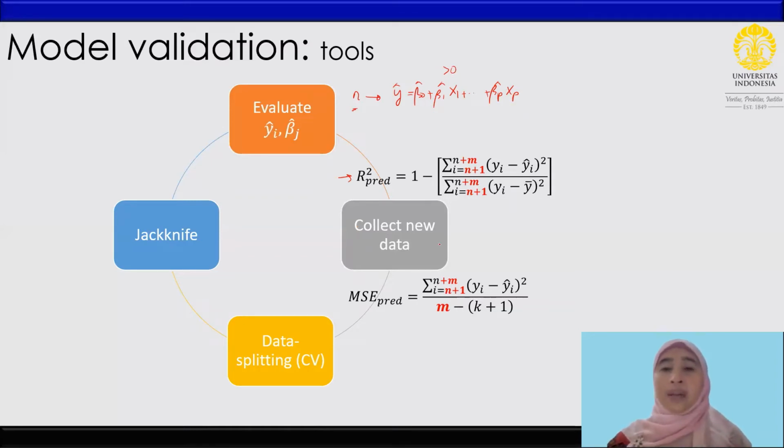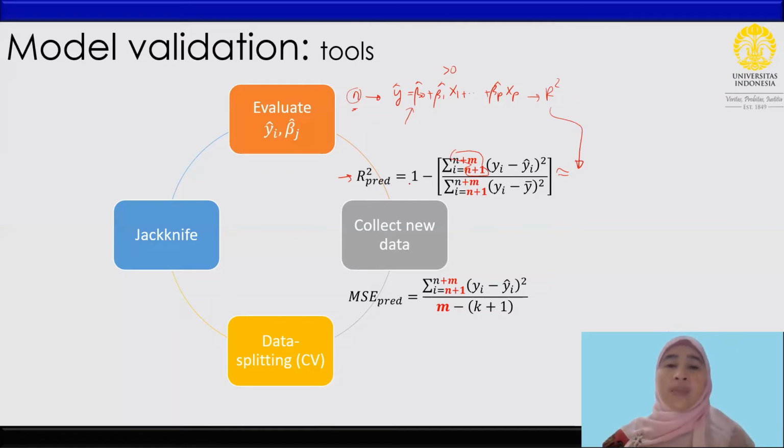It is new data because the observations from 1 to n are the ones that we use to build the model, and here it is calculated for the new observations, that is from n plus 1 to n plus m. So we collect m new data points. Our expectation is that this R squared for the new data should be as close as possible to the R squared that we have from the data used to build the model.